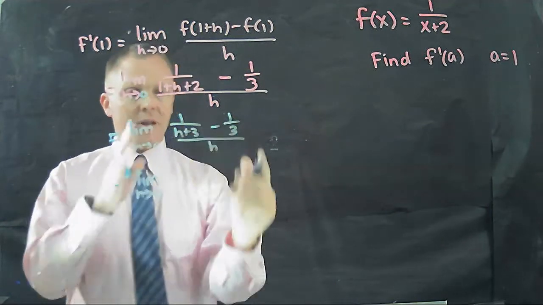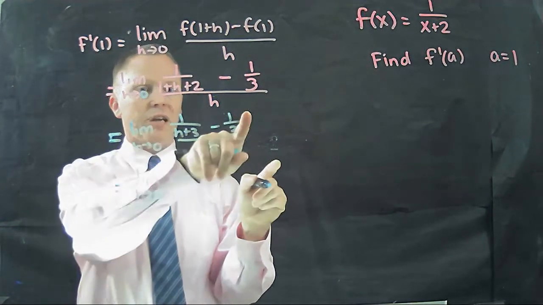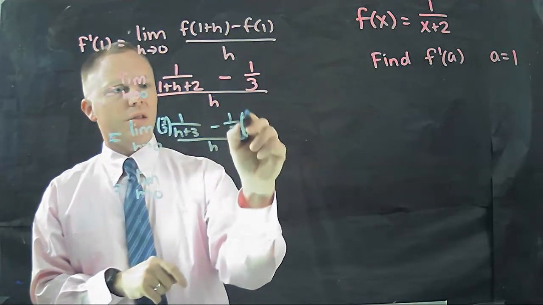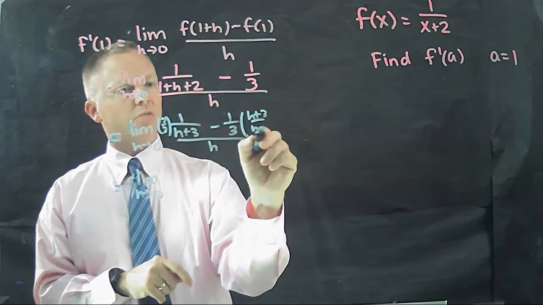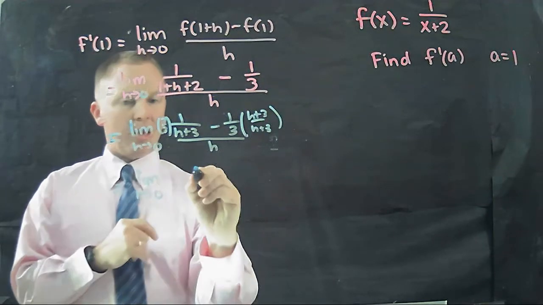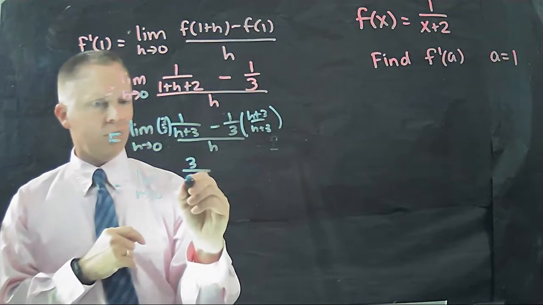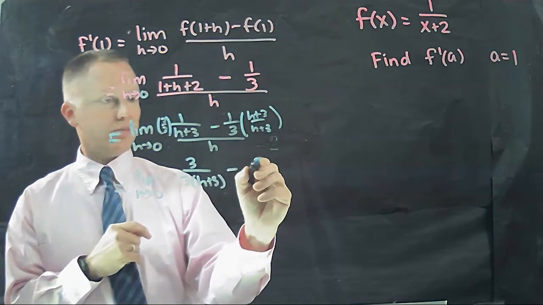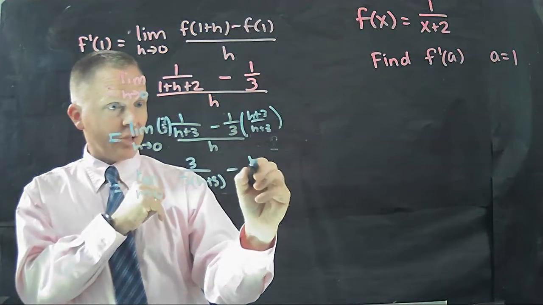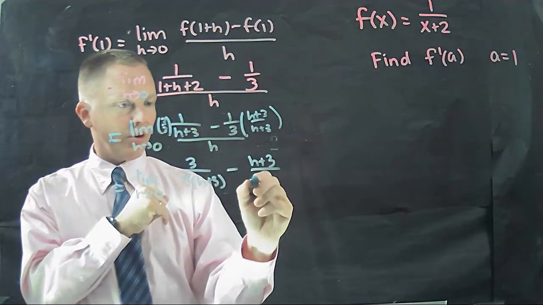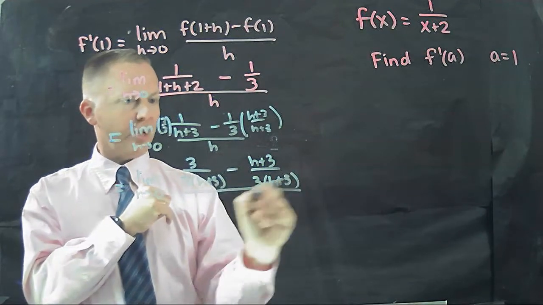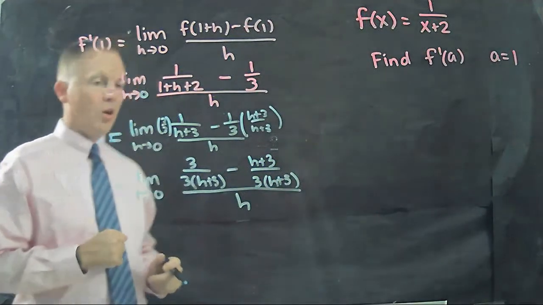So for the common denominator, this guy needs a 3 over 3, and this guy needs an h plus 3 over h plus 3. So after I do that, I'm going to get 3 over 3 times h plus 3, minus h plus 3 over 3 times h plus 3. And remember, friends, that was still all over h.